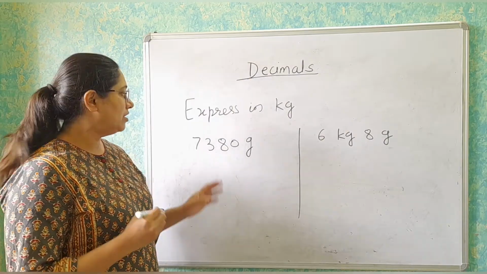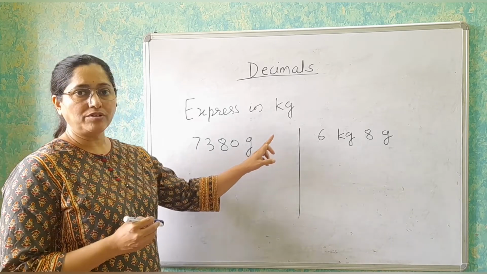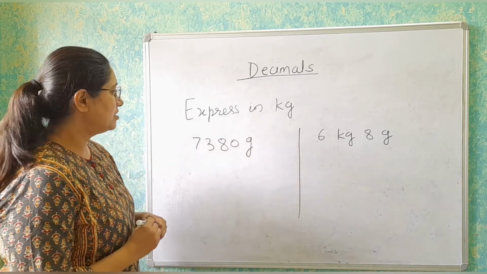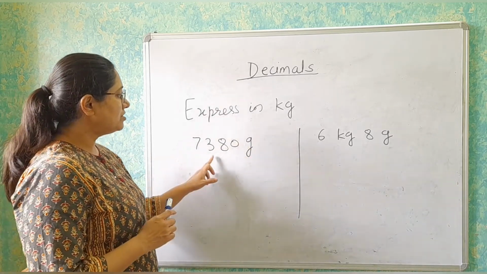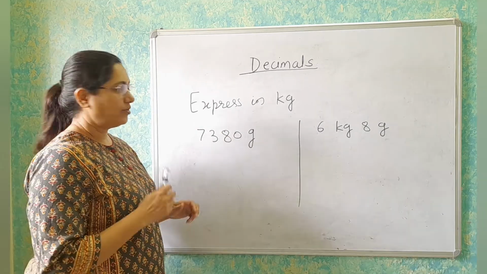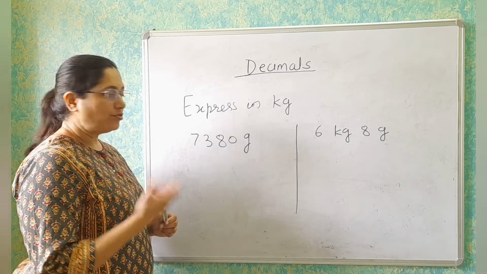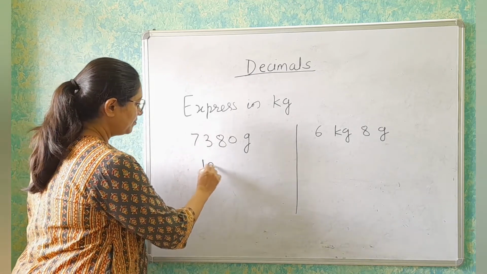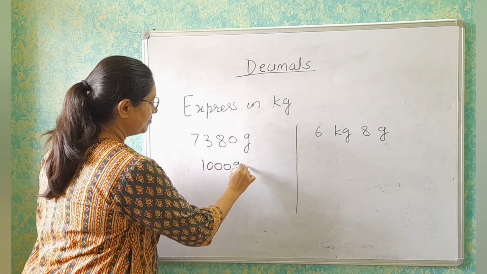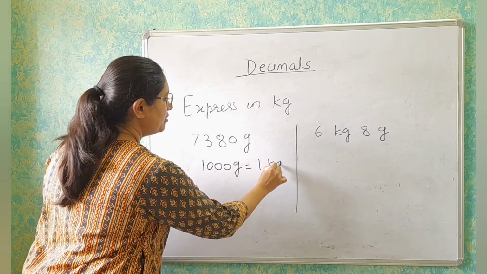Now we will learn how to express gram into kilogram using decimals. First one is 7380 gram and we have to express it in kilogram. You know that 1000 gram is equal to 1 kilogram.